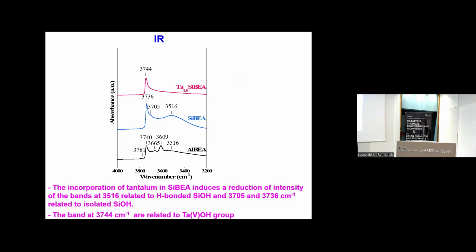And when we contact the zeolite with the tantalum precursor, this band disappears. This is related to the reaction between the OH groups present in the vacancy site and the tantalum precursor. A new band appears. This band is related to the presence of tantalum(V) OH groups formed in the zeolite.